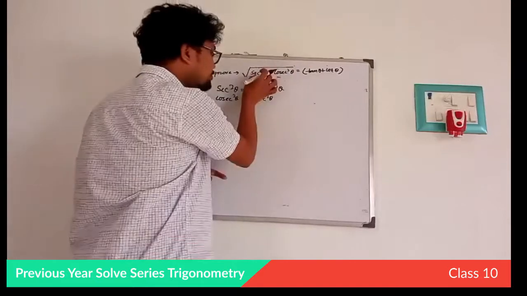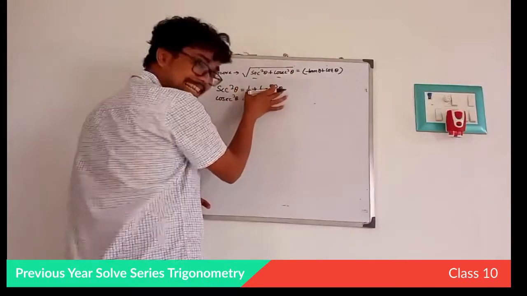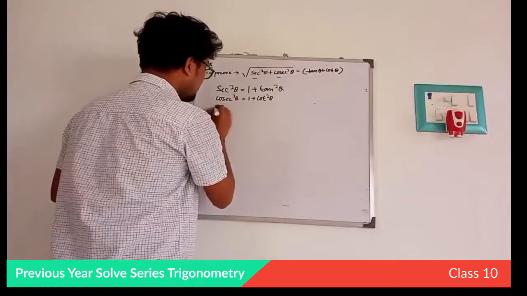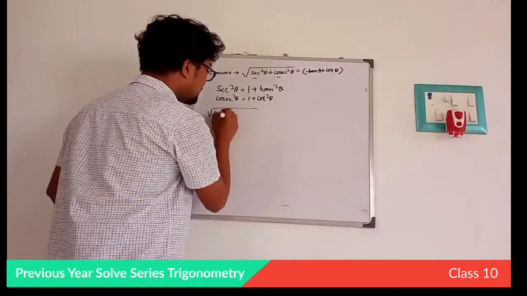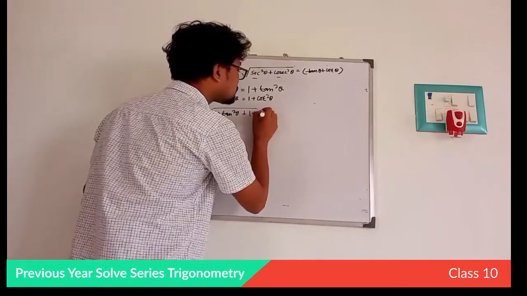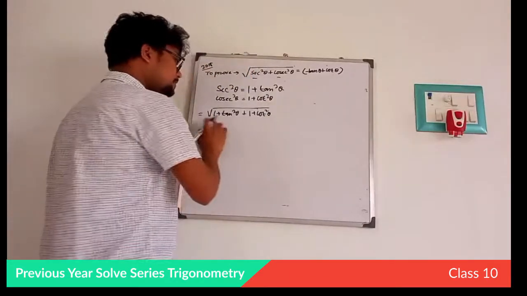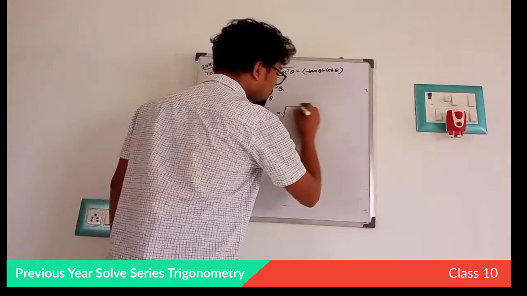Now I substitute the sec square theta and cosec square theta by this and this one. Sec square theta means 1 plus tan square theta, plus cosec square theta means 1 plus cot square theta.